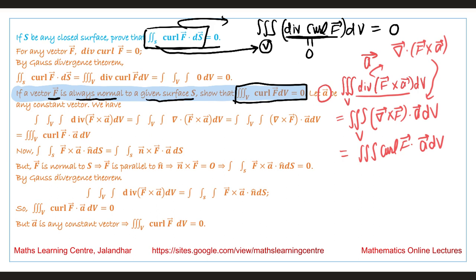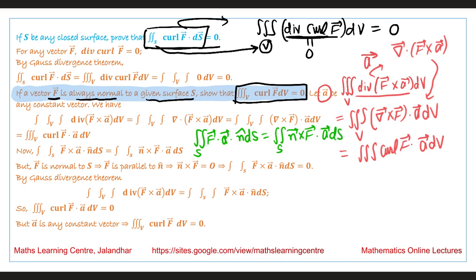We are saying the double integral of f vector cross a vector dot n cap dS is equal to the double integral over the surface S of n vector cross f vector dot a vector dS.